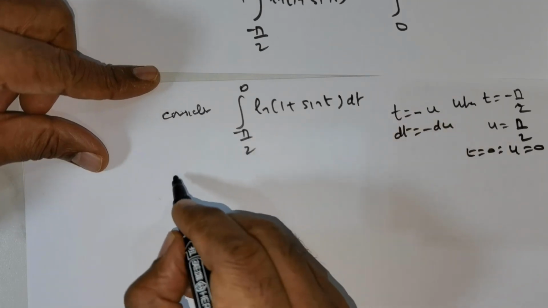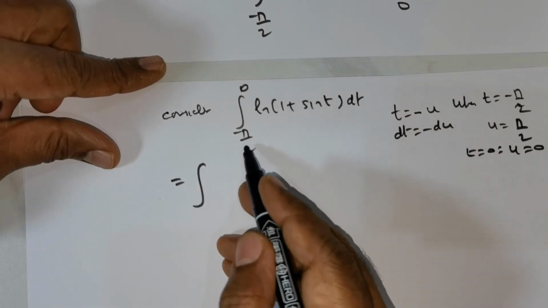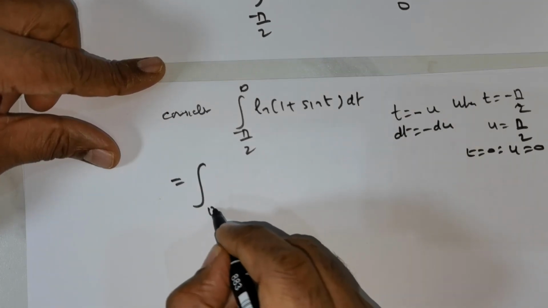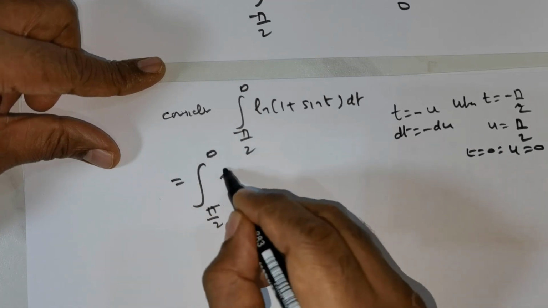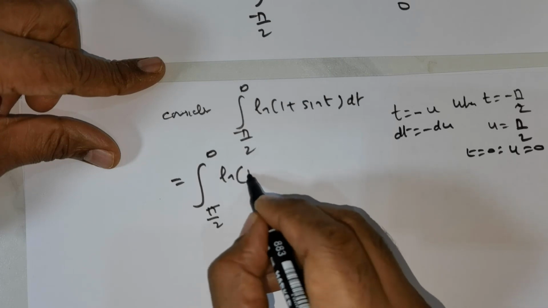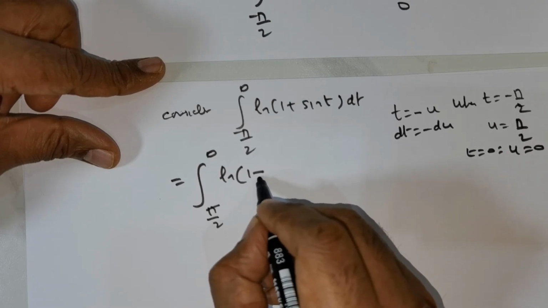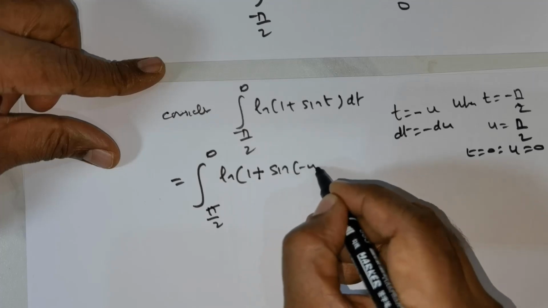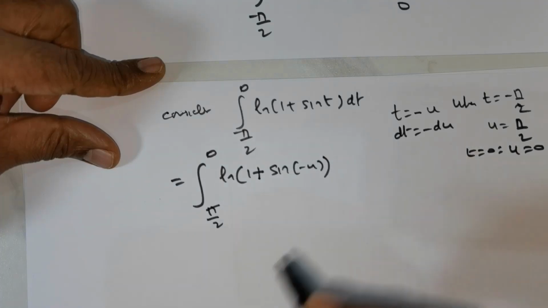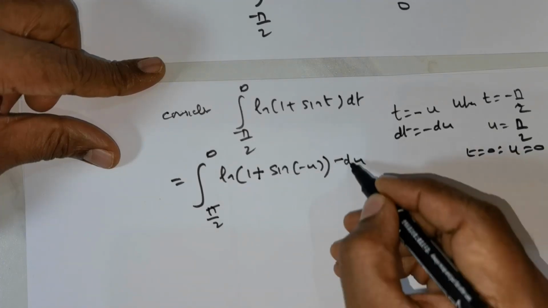So this is equal to the integral from pi over 2 to 0 of ln of 1 plus sine of negative u times dt. dt is going to be negative du.